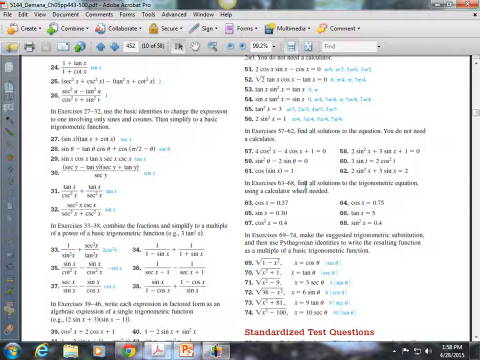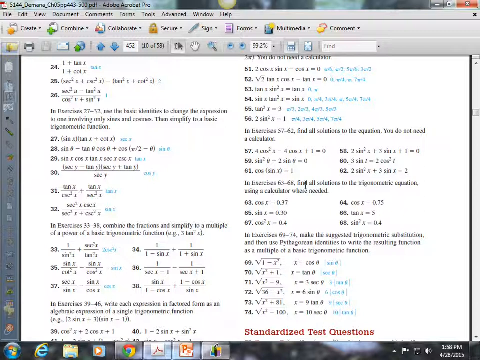We usually restrict it between 0 and 2 pi, but here they want all of them. So we solve as we normally would, but then add some multiple of 2 pi or some multiple of 360 to the values we find. That will include all of the coterminal angles that behave in that same exact manner.